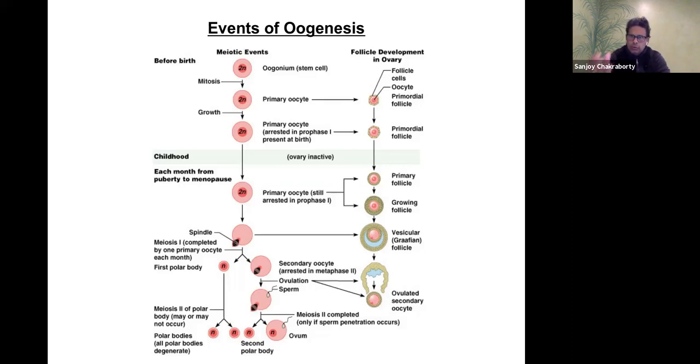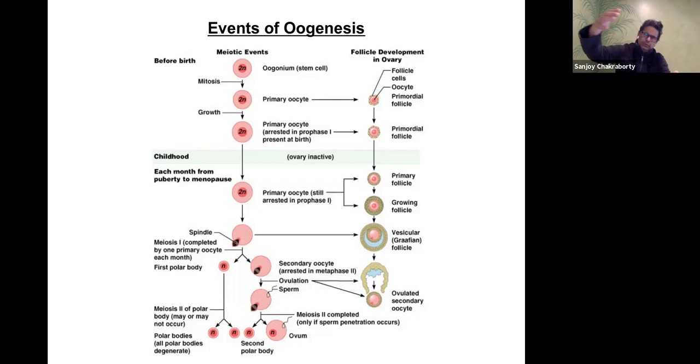So those oogonia undergo mitosis. When they undergo mitosis, they keep producing more oogonia. So one cell becomes two, two become four, four become eight, and so on. They keep producing. Once they reach, let's say, a million, there's always a debate about the number, so a million is a good number to think about.